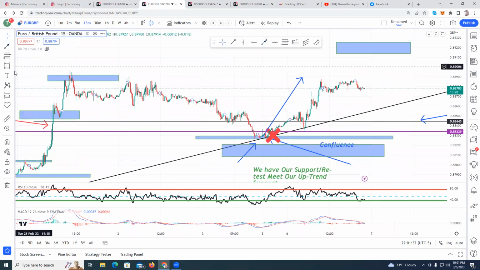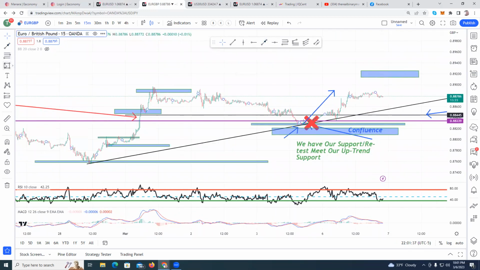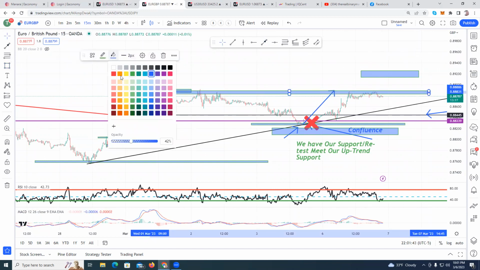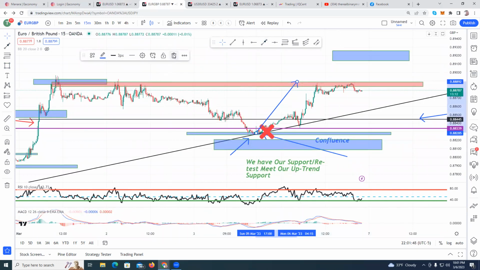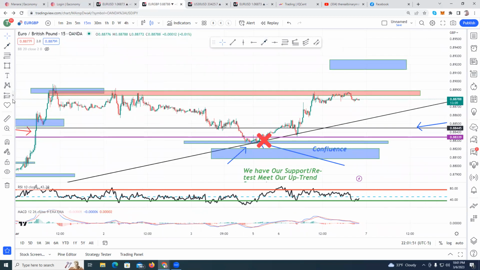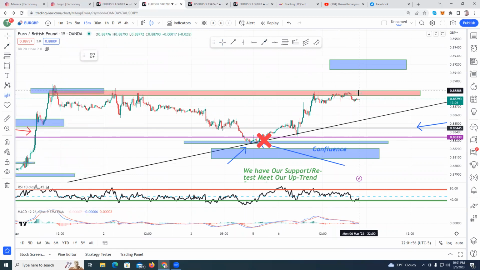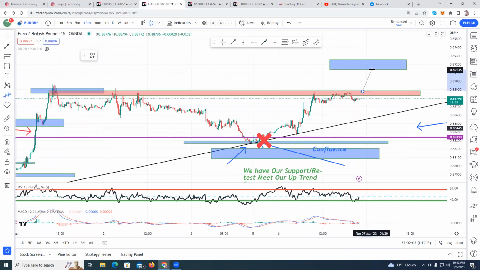Now, our next area that we're going to want to see, we're going to want to see something like this, right? This is going to be our resistance zone. Okay. And we're going to want to see price pull up here, come back, retest this area, maybe come back again.